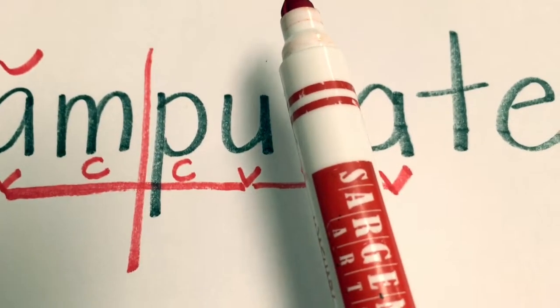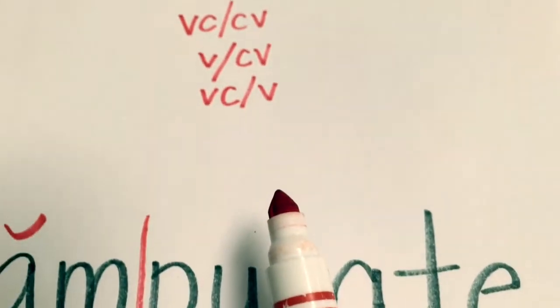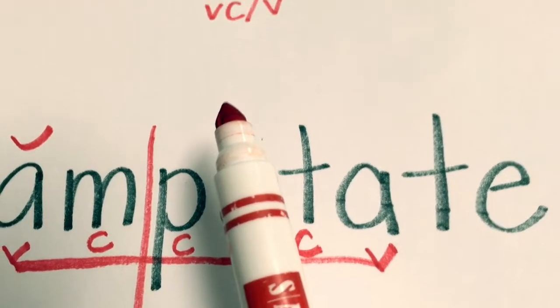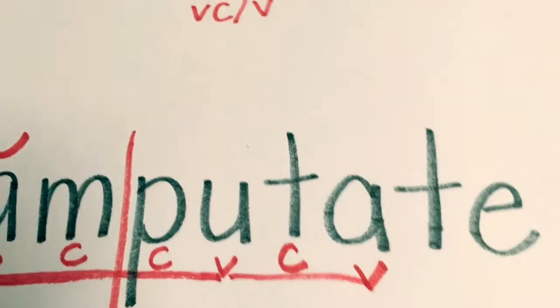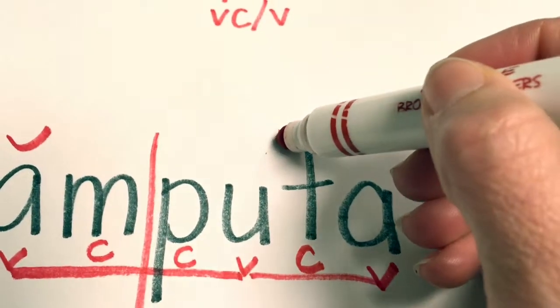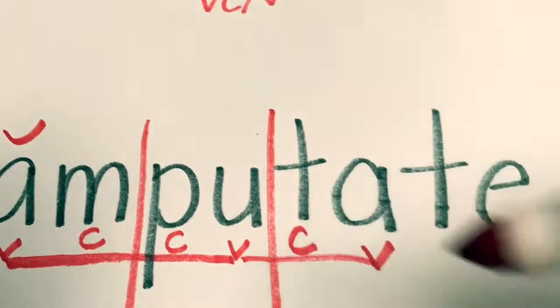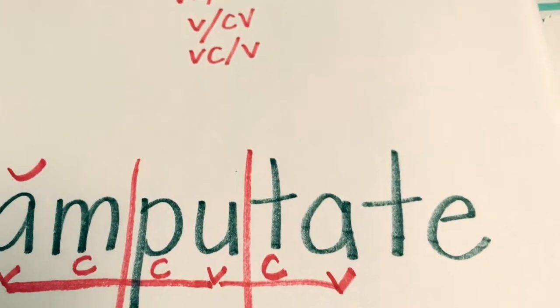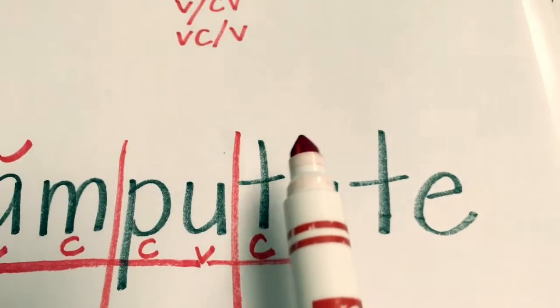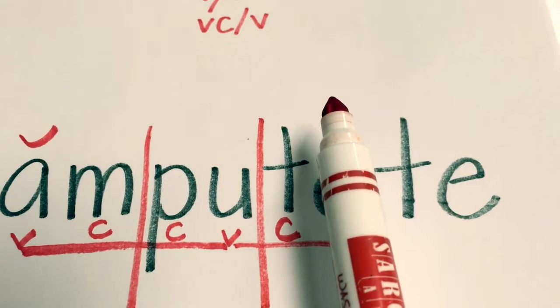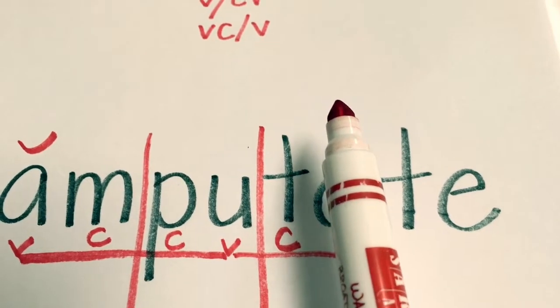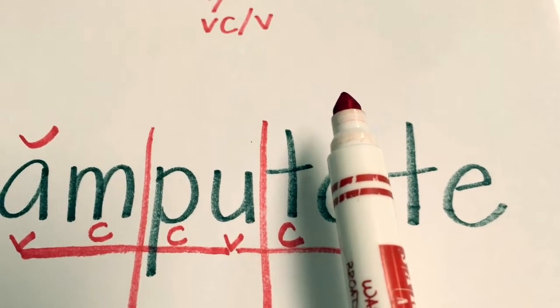I'm pretty sure I should divide here, not here. Because see, if I've divided here, it would be am, put, and I'm pretty sure that that's not correct. That doesn't sound right to me.